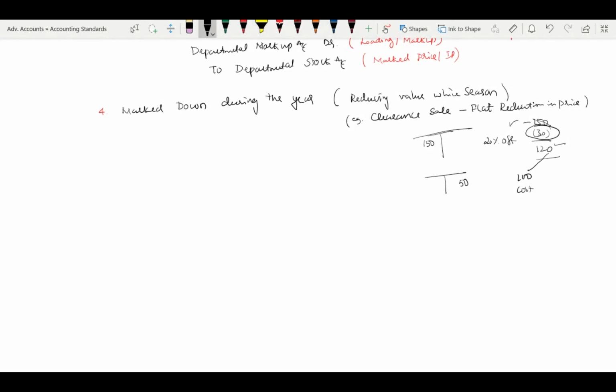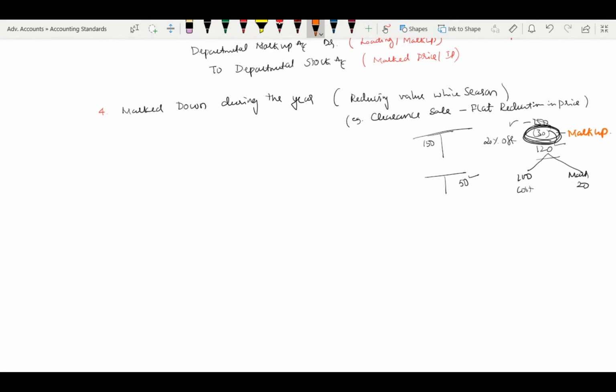Out of this 120, cost is 100 and markup is only 20. But I already recognized 50, therefore this reduction in price is completely towards markup.